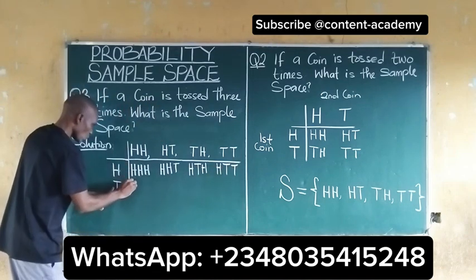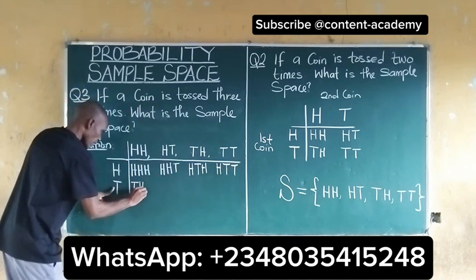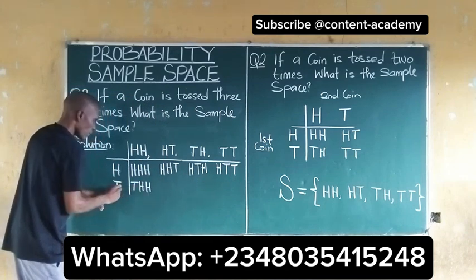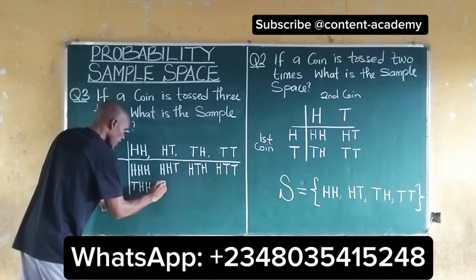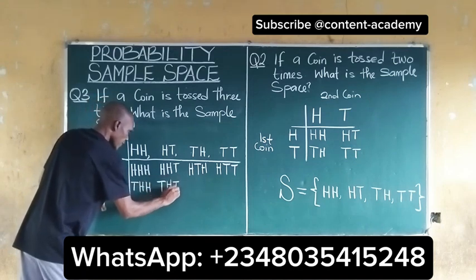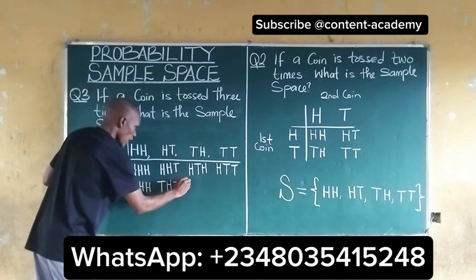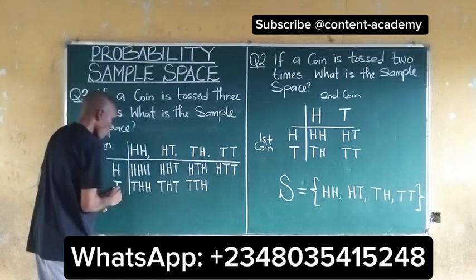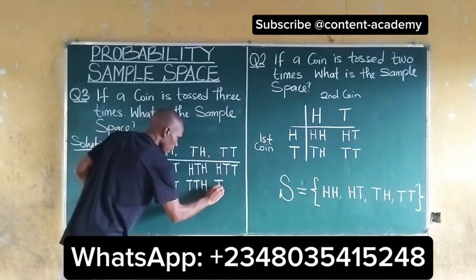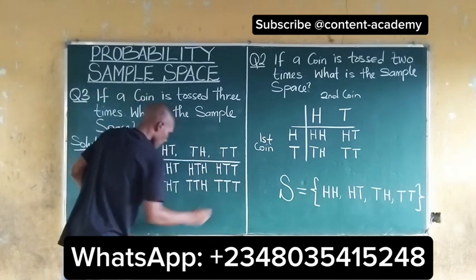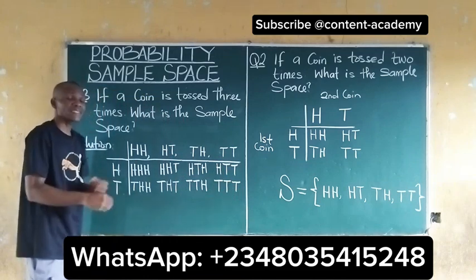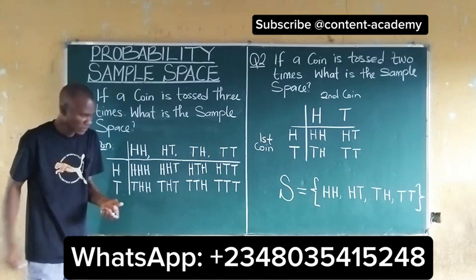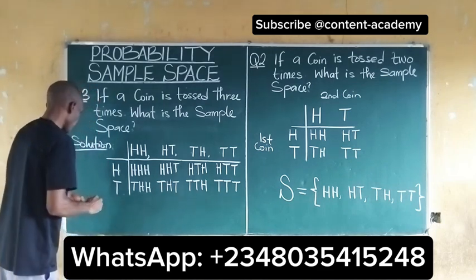If you combine this and this, we have tail, head, head. If you combine this and this, we have tail, head, tail. If you combine this and this, we have tail, tail, head. And if you combine this and this, we have tail, tail, tail. So what is our sample space? We can now write our sample space.